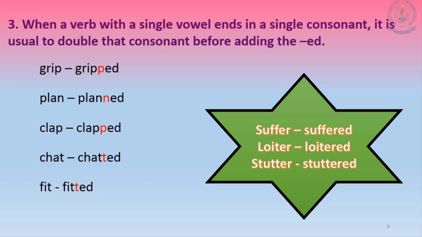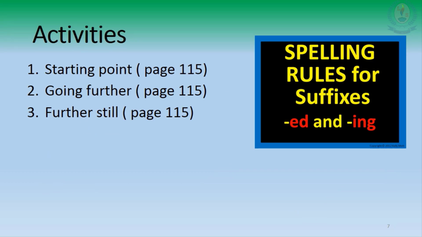The verbs like suffer, loiter, stutter, they are not monosyllabic words. For these types of verbs, we add only ed. We do not double the last letter.